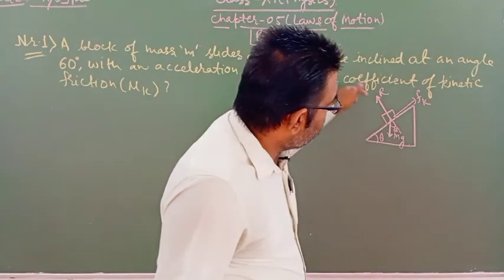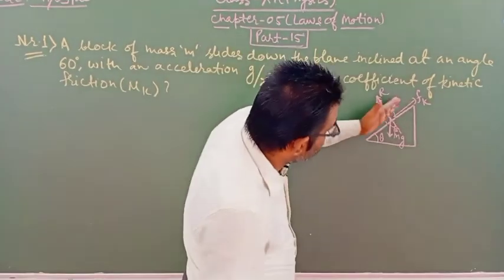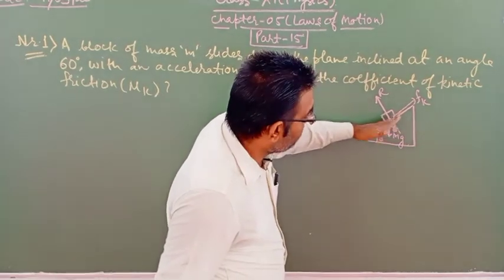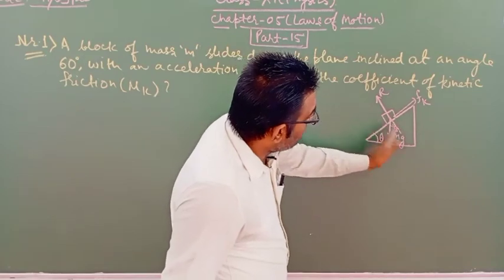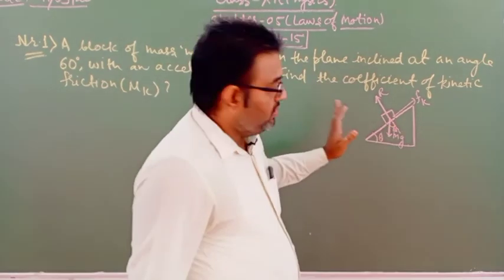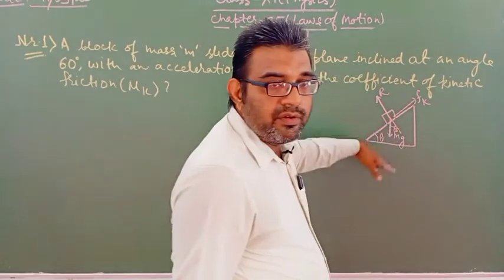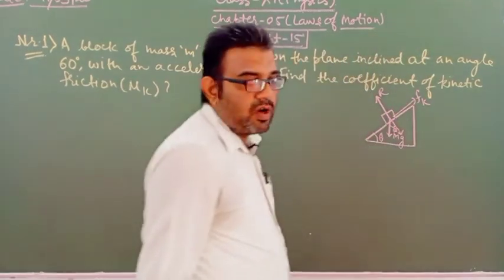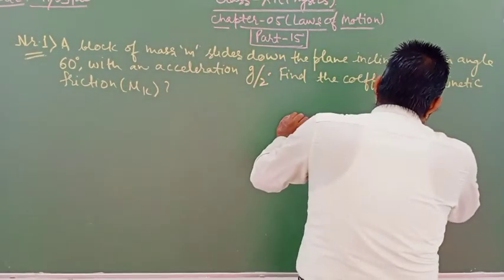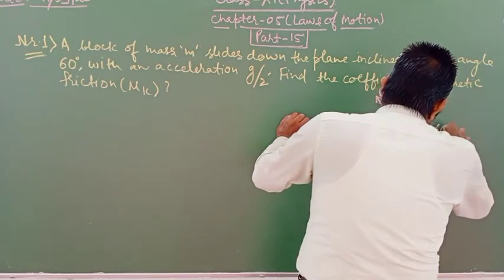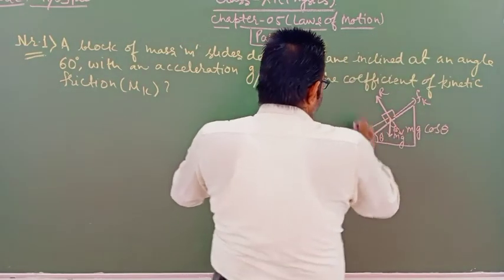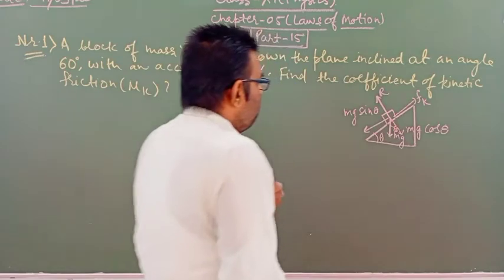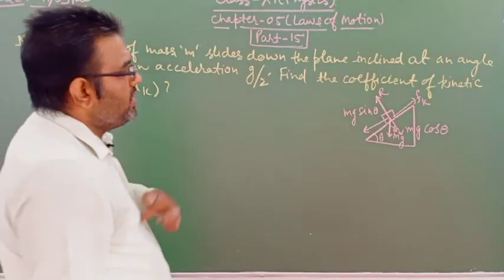The surface is inclined with an angle of theta, so the normal reaction makes an angle of theta with the weight mg. Resolving mg into its two components, this component becomes mg cos theta, and this component becomes mg sin theta.